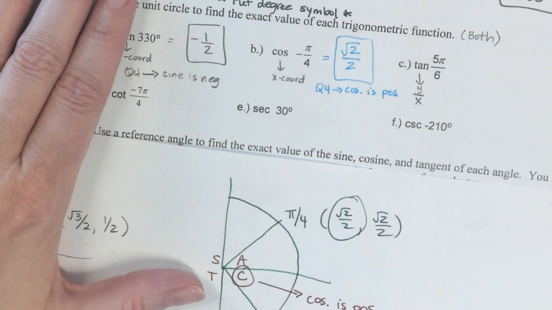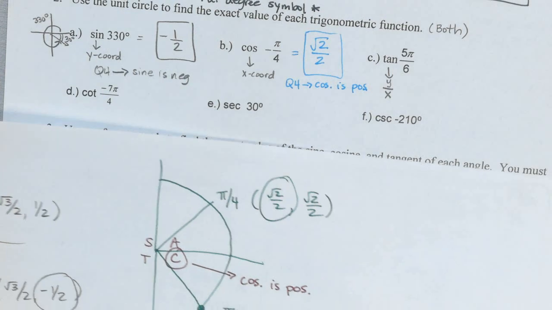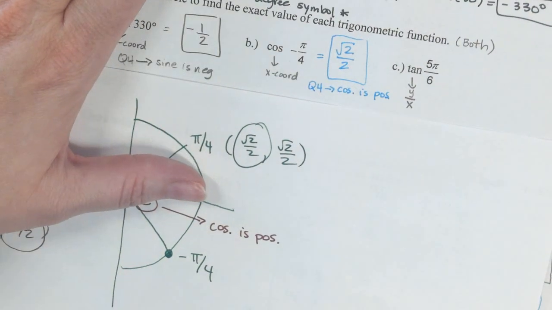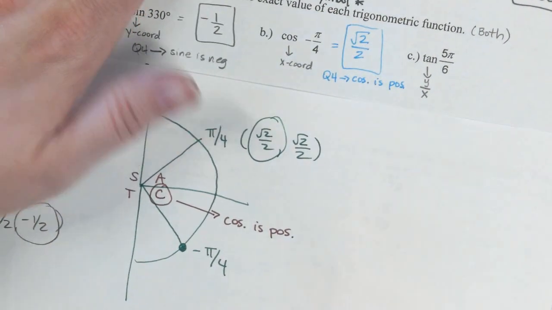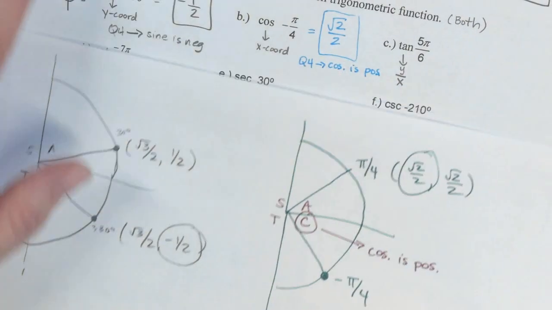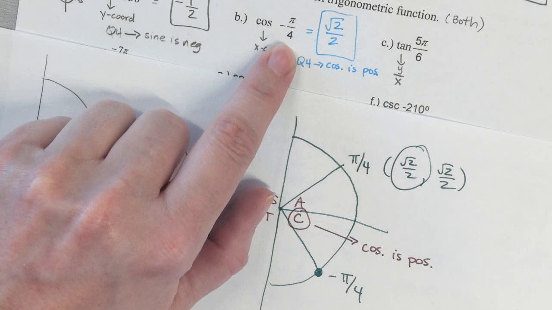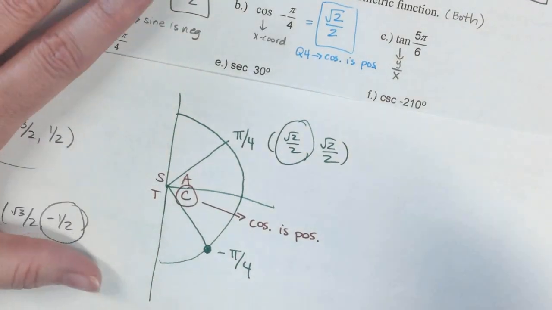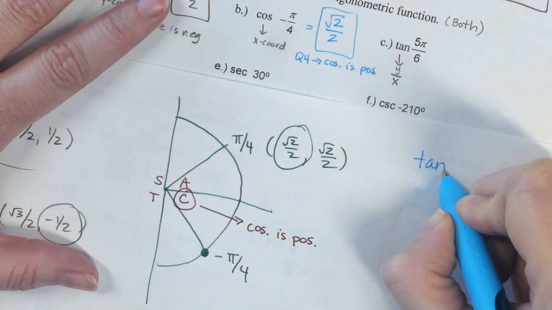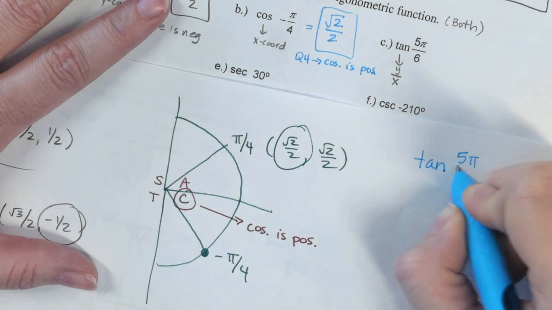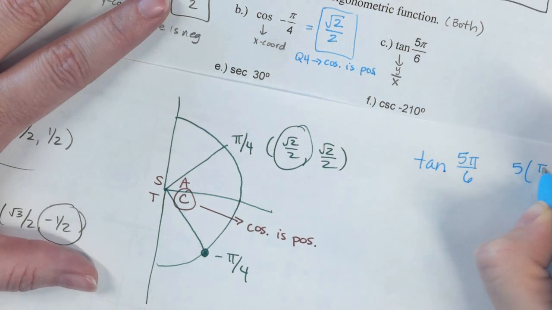So the tangent at 5 pi over 6. If you've been paying attention to your reference angles, for this one, the 330, it was 30 degrees. For pi over 4, you're using pi over 4. For 5 pi over 6, think of this as 5 times pi over 6.